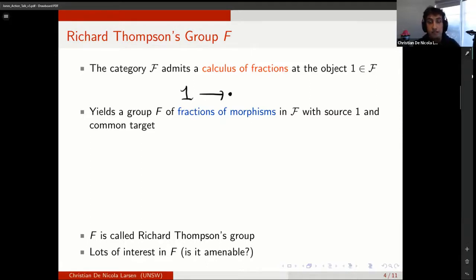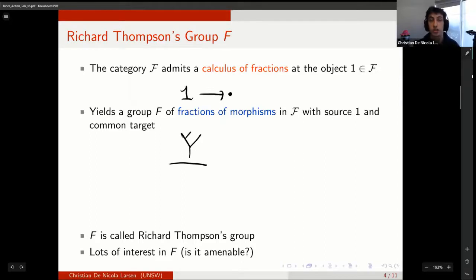What this calculus of fractions gives us is a group F of fractions of morphisms in this category of binary forests, in which both the numerator and the denominator have source 1. So we have a tree on the top and a tree on the bottom. These trees have a common target, or the same number of leaves. Let's see an example of an element of this group. We have a fraction, and let's say in the numerator, we have a tree with 3 leaves.